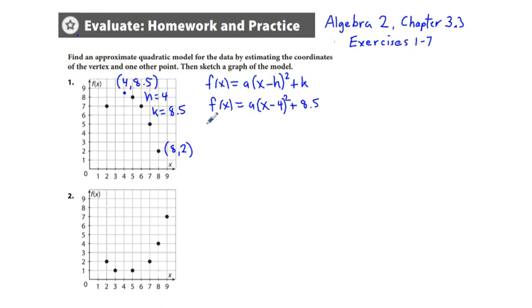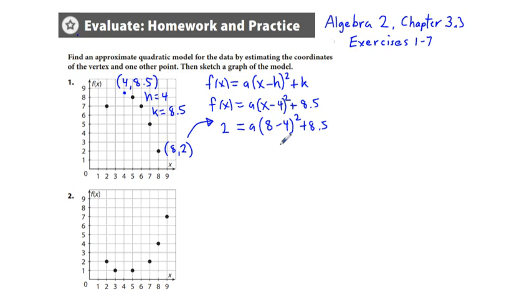And now we're going to substitute in this other point, (8, 2). So I'm going to take this data here, and we have 2 is equal to a, which we do not yet know, times x, and x is 8. We have 8 minus 4 squared plus 8.5.